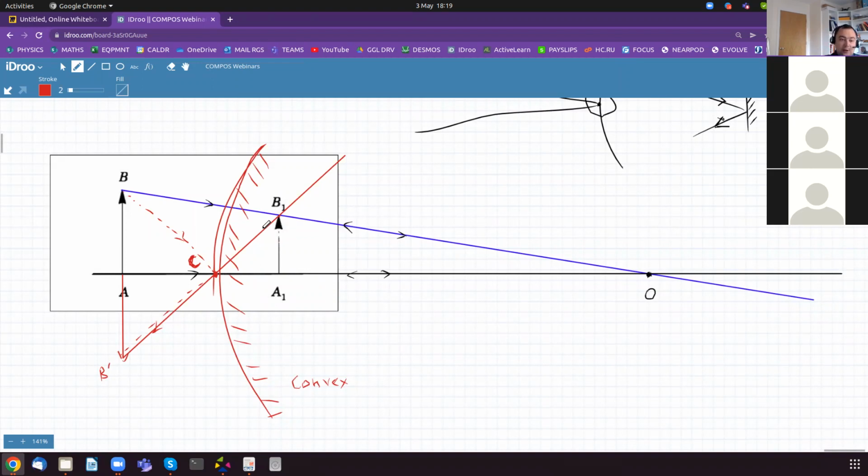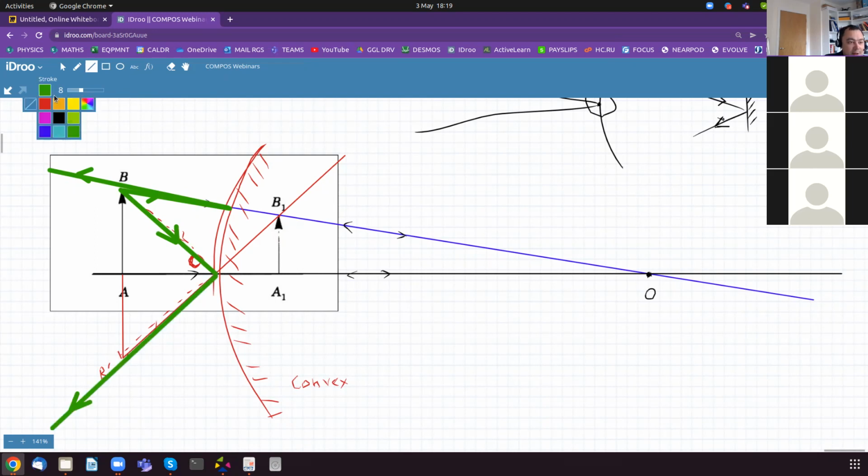So a real image is where rays actually intersect. And here we see, let's draw a bunch of rays. So the first ray goes like this and then goes back the same way. And then it goes like this, and then like this.